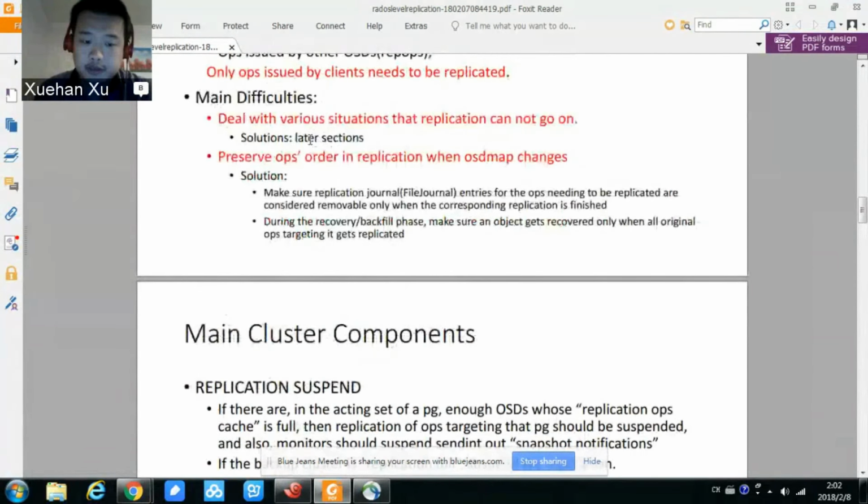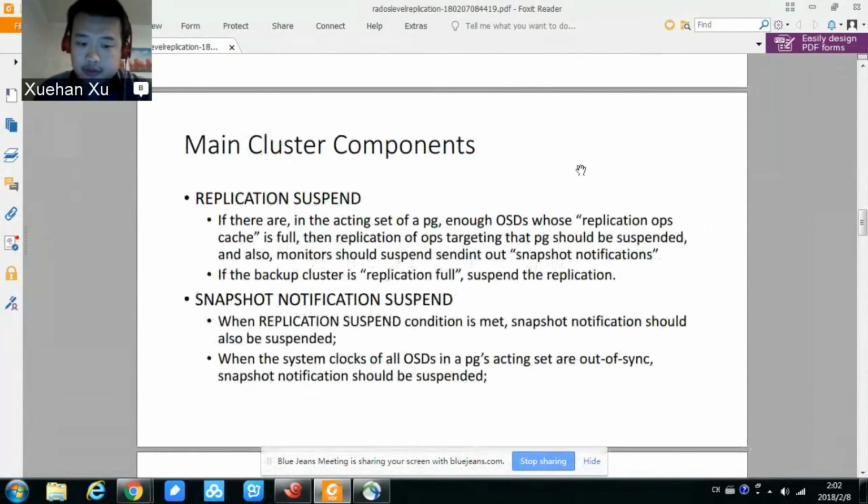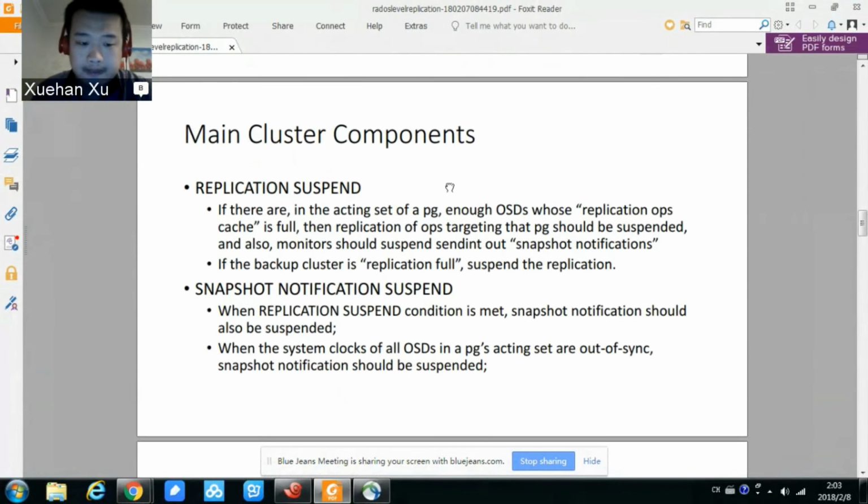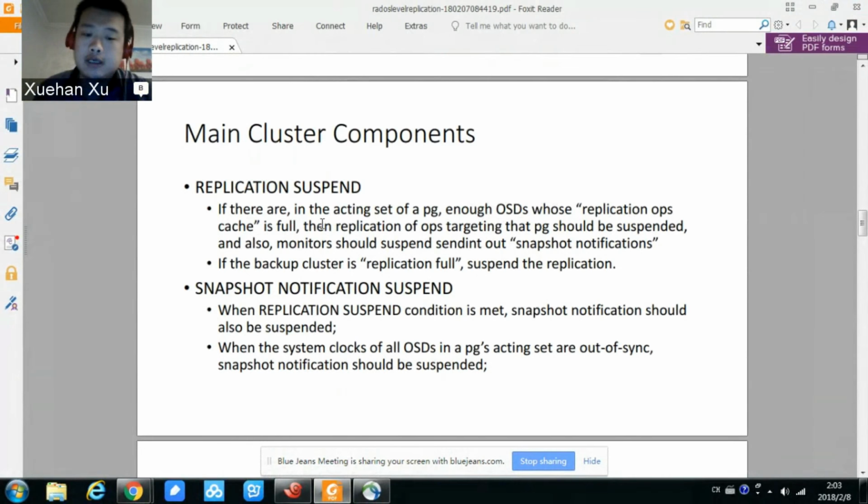To deal with the first difficulty, we should first think about under what circumstances replication needs to suspend. And we think there are the following scenarios. The first is if there are enough OSDs whose replication cache is full, then the replication of ops targeting that PG should be suspended.